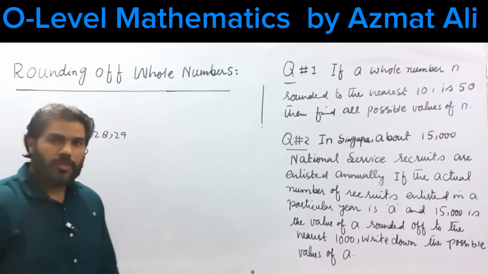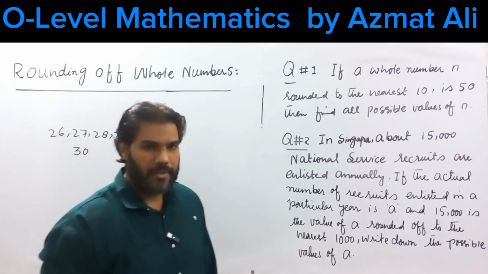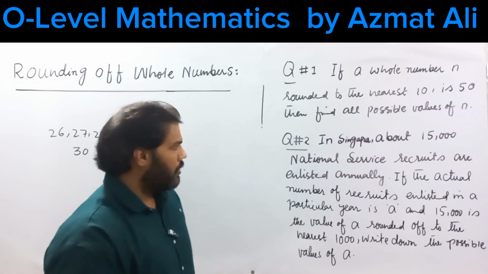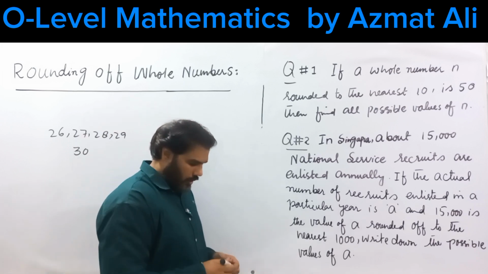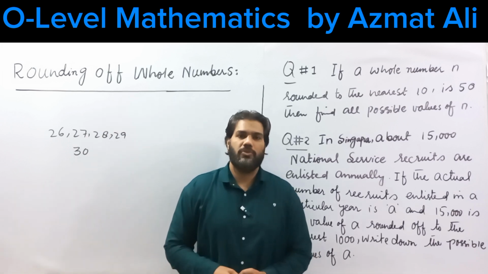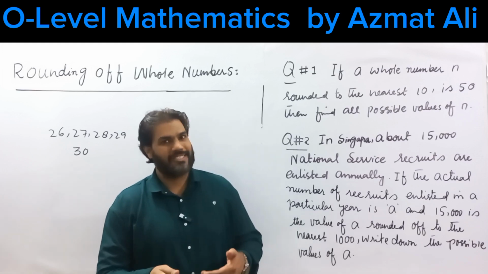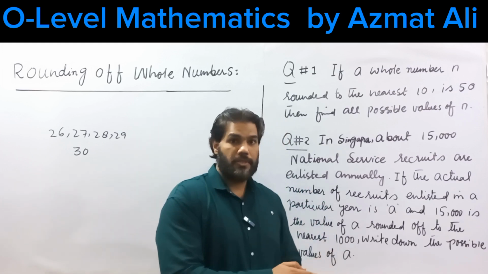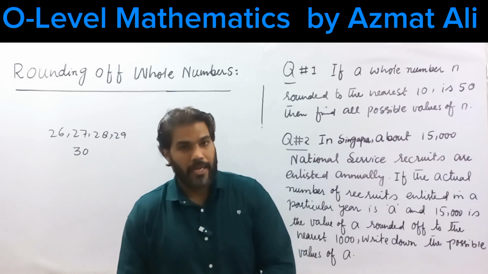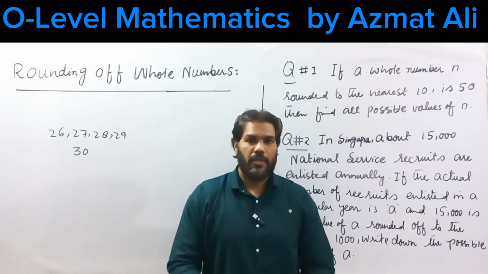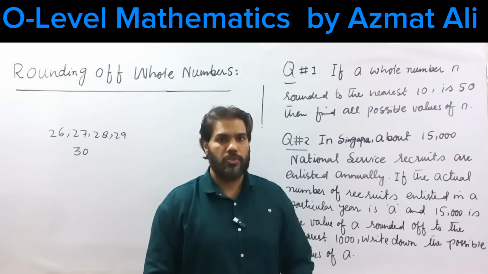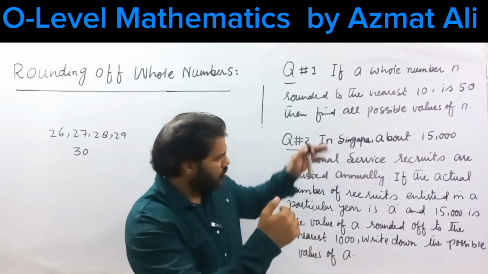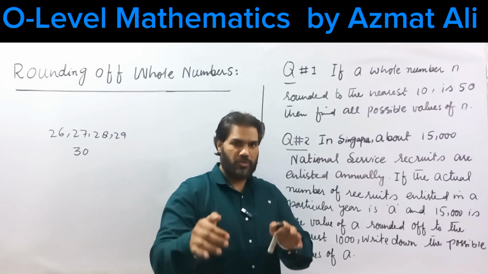So it means two or more whole numbers can have the same rounded value. Sometimes in a question, for a certain whole number its rounded value is given, and we have to find all possible values whose rounded value is given. So these two questions are based on this scenario.